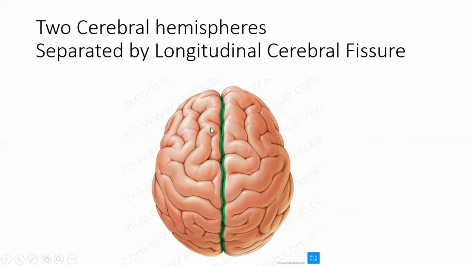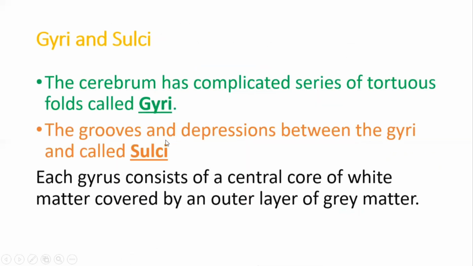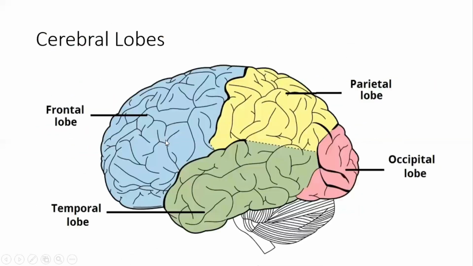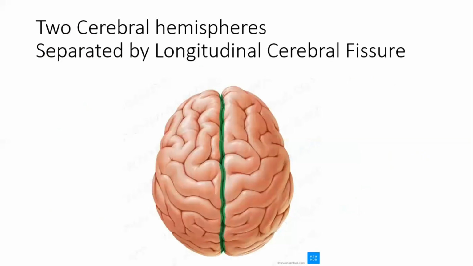These ones are called gyri. And sulci are the grooves and depressions between these gyri. So if we said that these masses are gyri, these fissures in between and these grooves are sulci. So this is a gyrus, this is a sulcus.